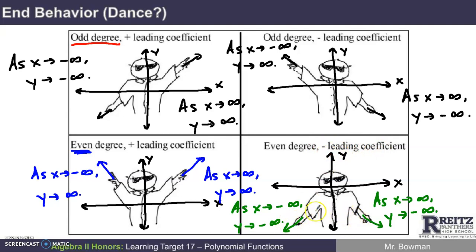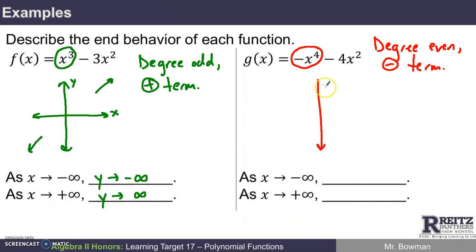So I need the end of the graph to look like this. So I'll make a sketch. For big negative x's, I've got big negative y's. For big positive x's, I've got big negative y's. As x approaches negative infinity, the y's are approaching negative infinity as well. As x approaches positive infinity, the y's are also approaching negative infinity.